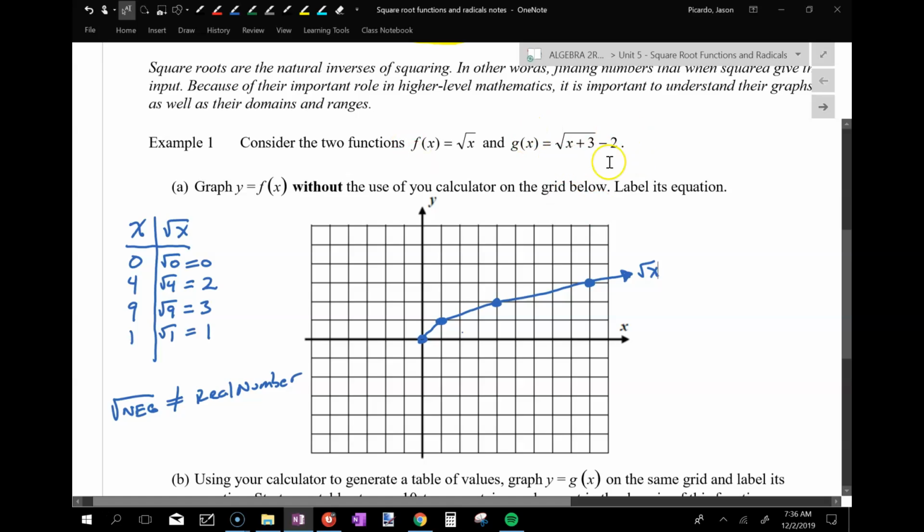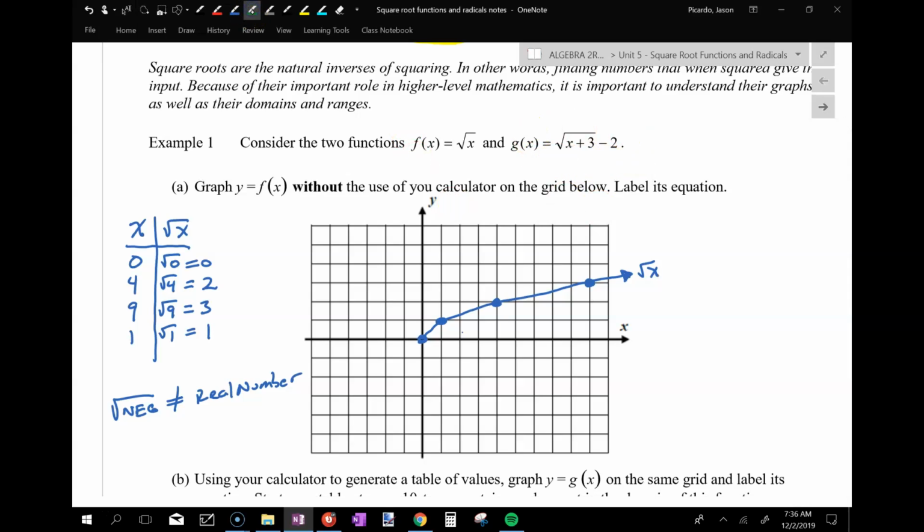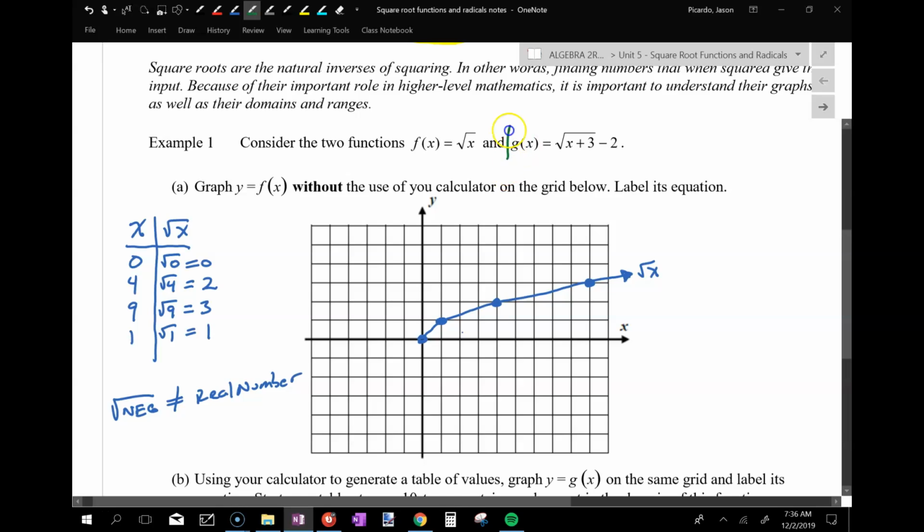All right, and then it said that we can graph this one. So I'm going to take this graph, I'm going to shift it left 3, and I'm going to shift it down 2, right?